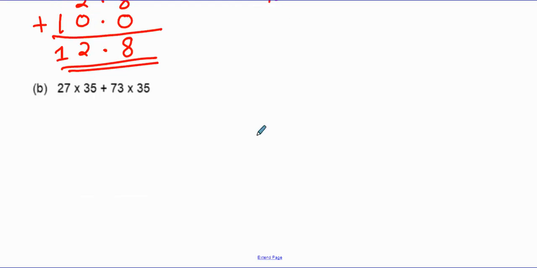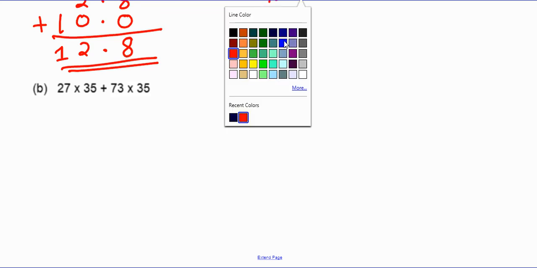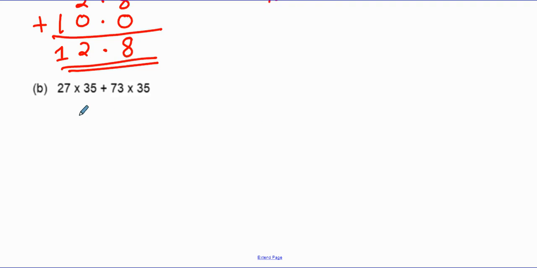Now, this question looks complicated, but seems to be simple. The majority of students here will not take advantage of 35. Can you see that the number 35 has been repeated? Majority of students in doing this question will waste time taking 27 times 35.